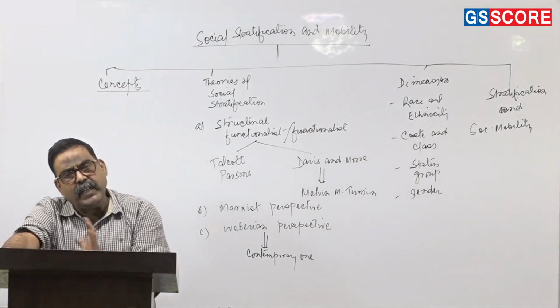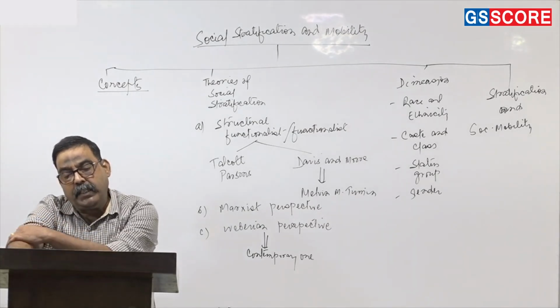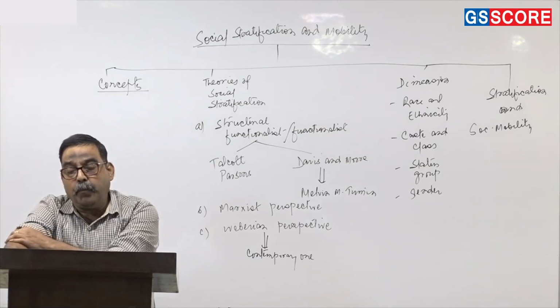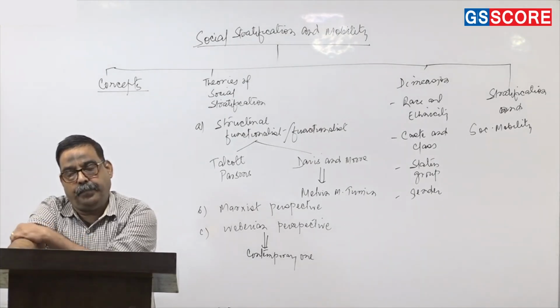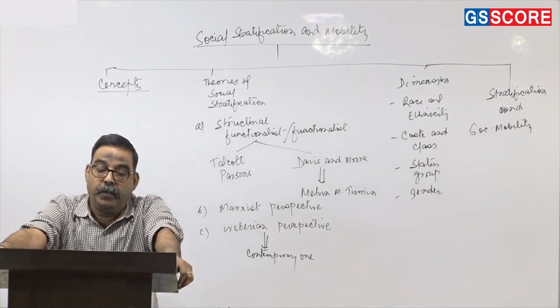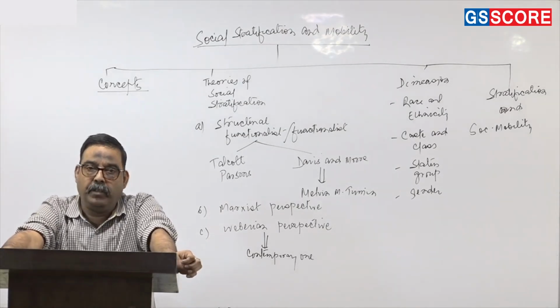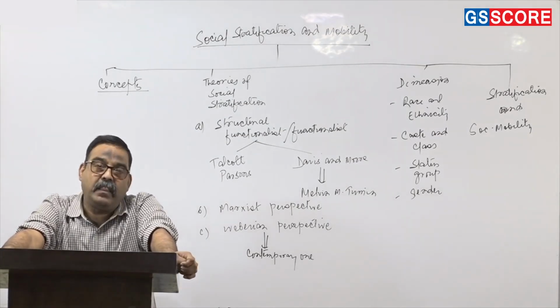It is, in a very simple way, a system by which a group of people are divided into layers on the basis of relative power, privilege, prestige, wealth, and so on.